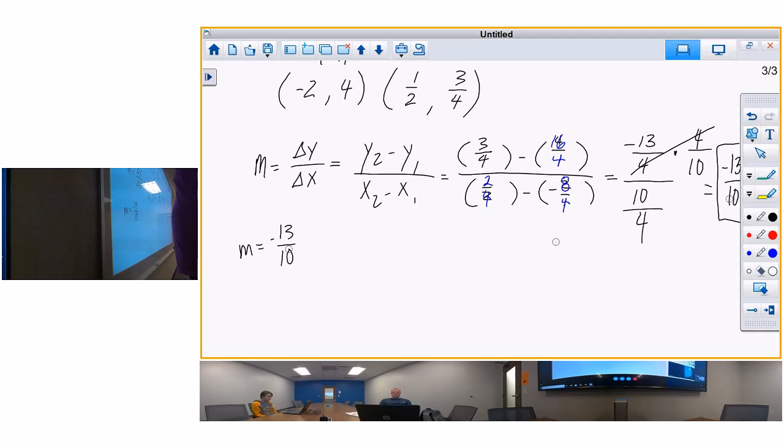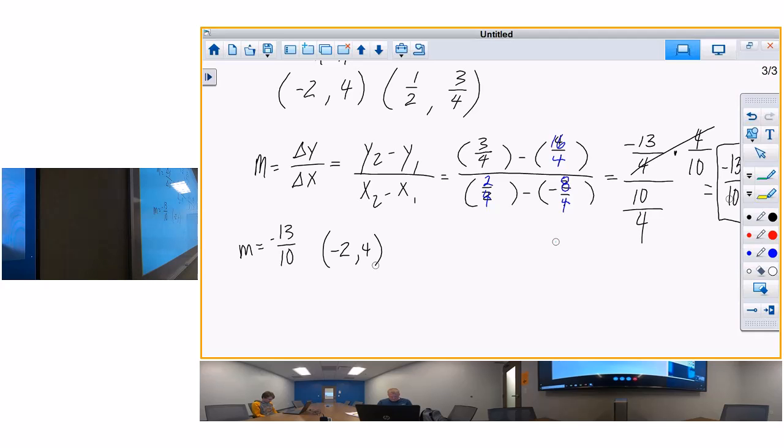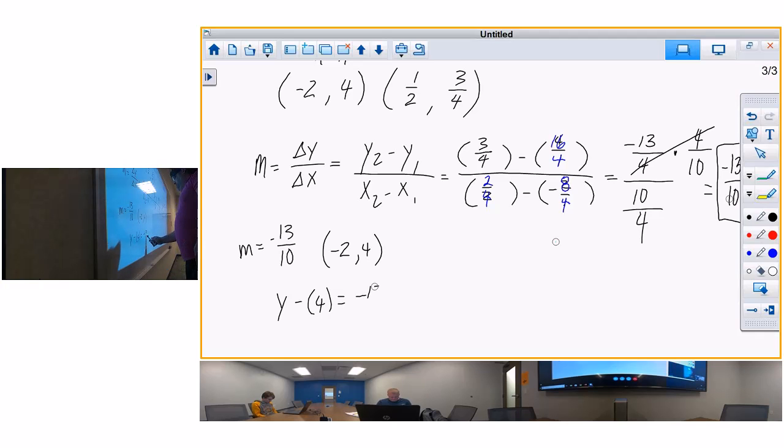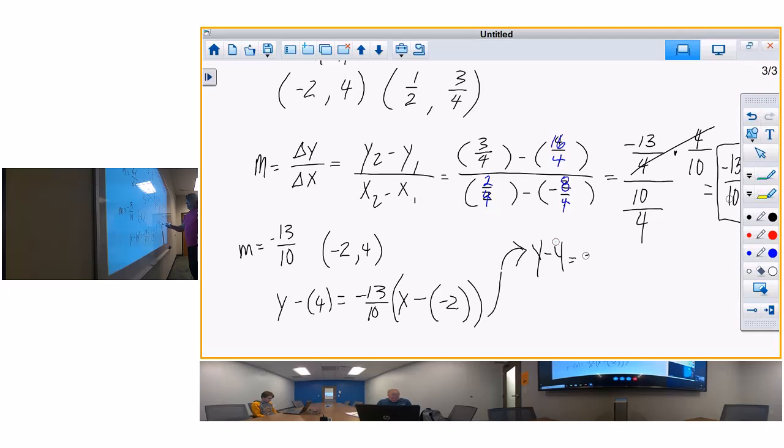And I'm going to pick negative 2 and 4. Why am I picking negative 2 and 4? If you pick those fractions, there's something wrong with you. All right, y minus 4 is equal to negative 13 tenths times x minus a negative 2. Y minus 4 is equal to negative 13 tenths x.